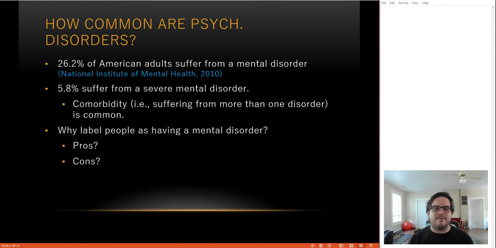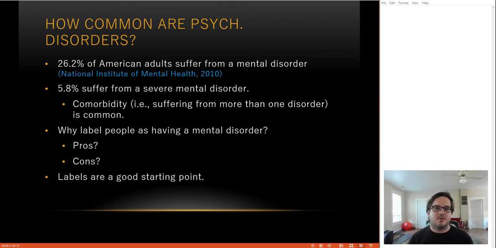So what's the advantage of this? Why do we have this system of labeling mental disorders? What are the pros and what are some of the cons? I'd like to discuss this at our next discussion, and my argument that I'm going to make is that labels are a good starting point.